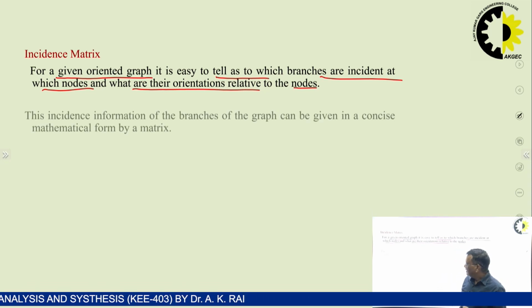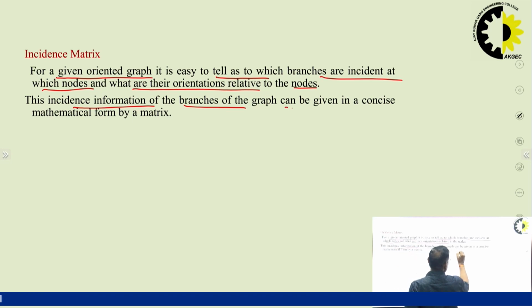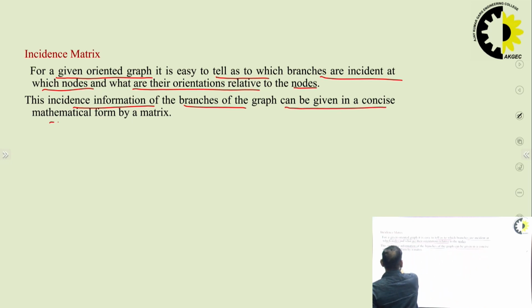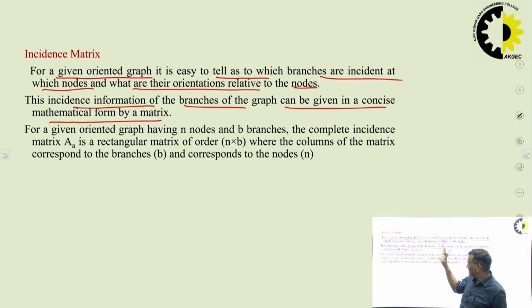This incidence information of the branches of the graph can be given in a concise mathematical form by a matrix, called the incidence matrix. It gives the information of which branch is incident at which node, all written in a very concise mathematical form.